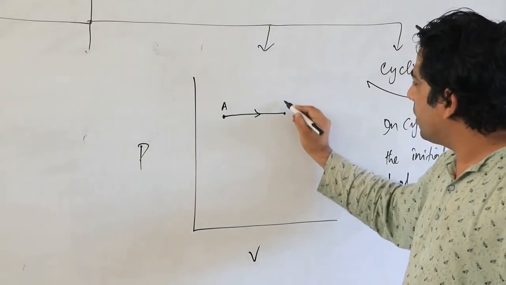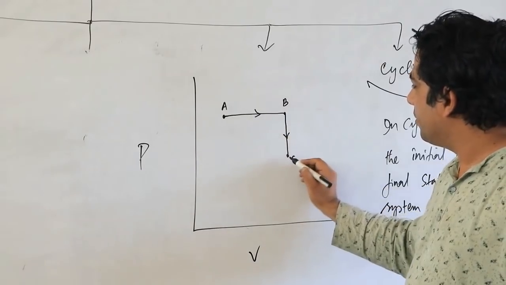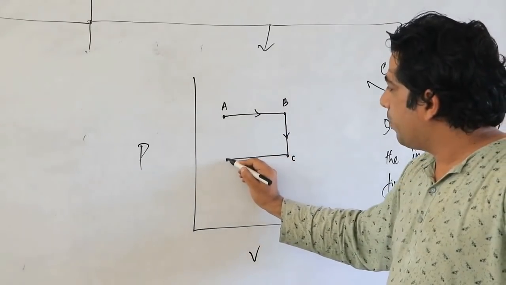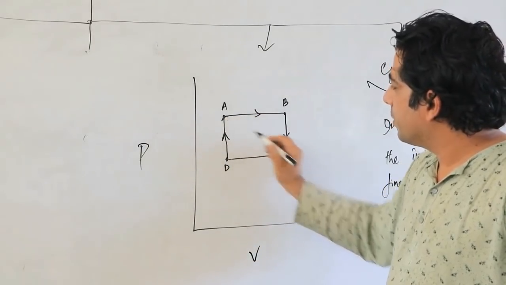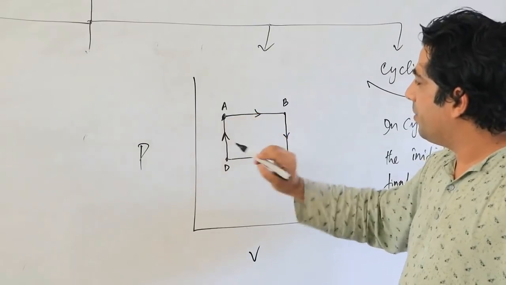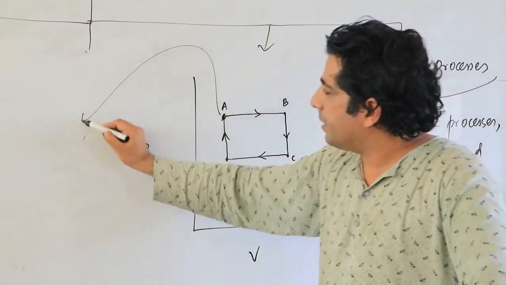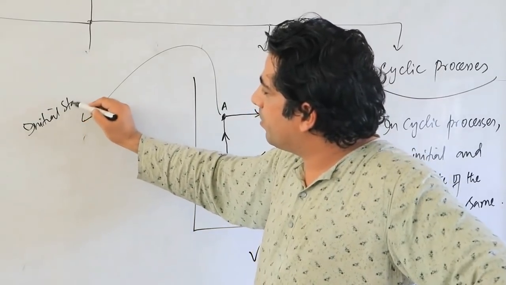Then I will move down, let's suppose point B, take it as point C, take it as point D, and then finally go back to A. So you are starting from point A, and this is the initial state of the system.